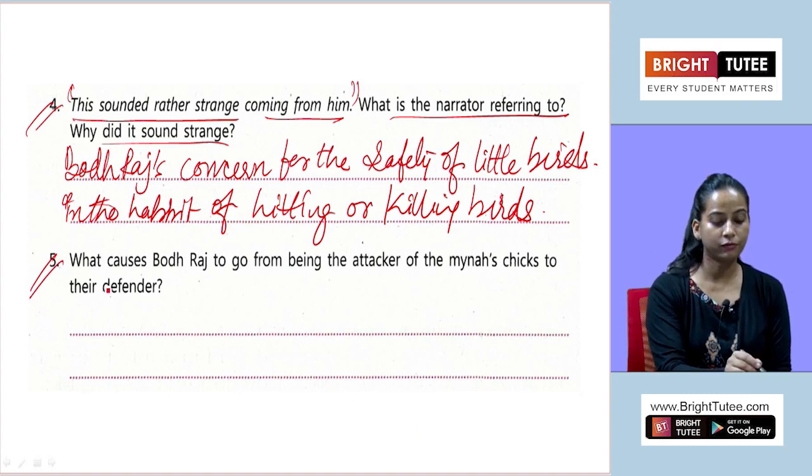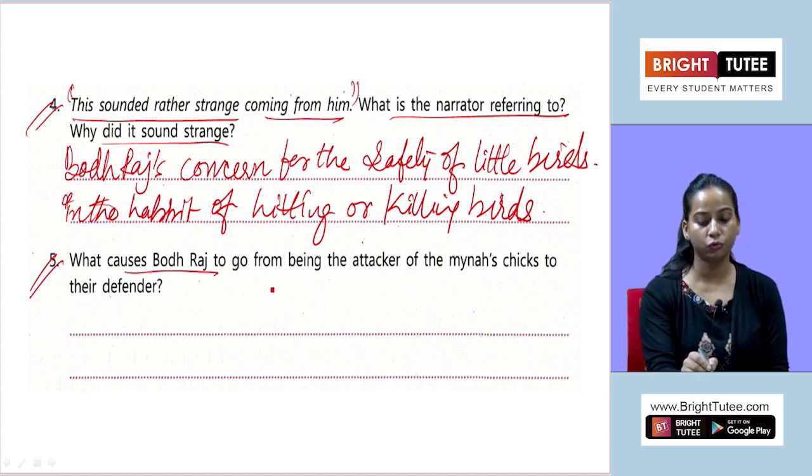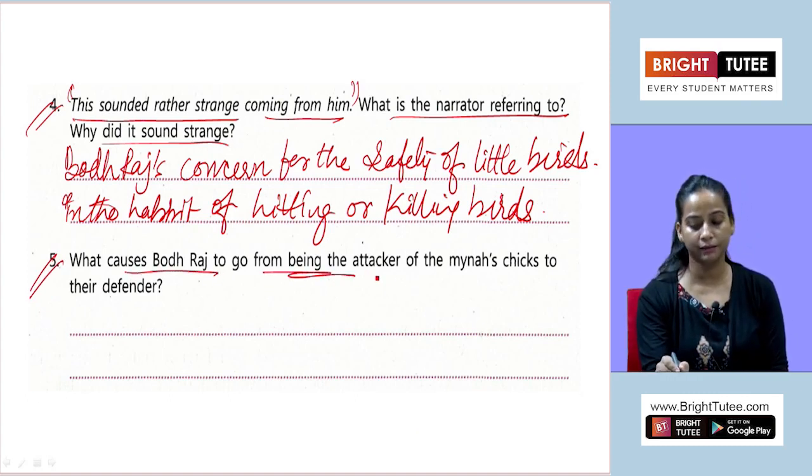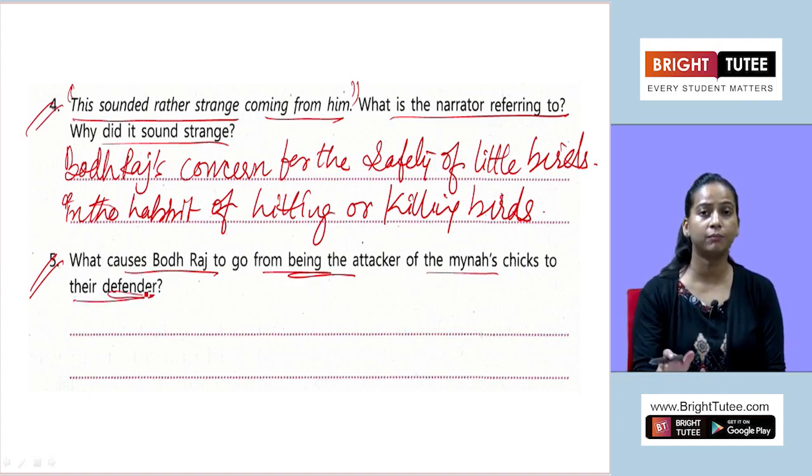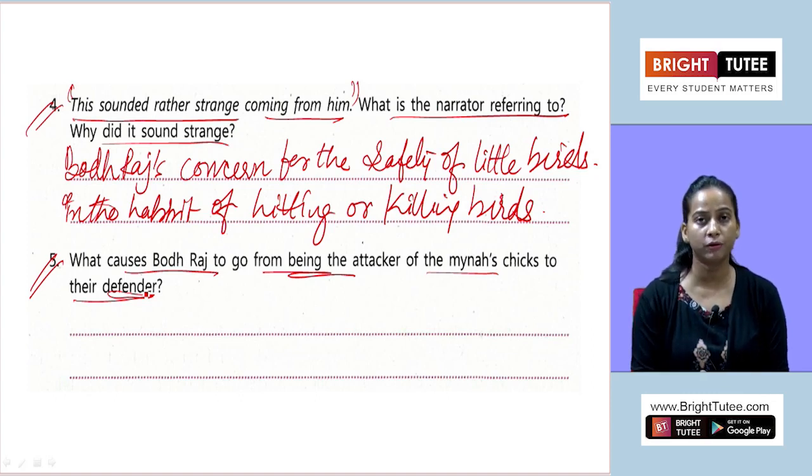Question number 5, they have asked, what causes Bodhraj to go from being the attacker of Maina's chicks to their defender? How did he become the savior instead of attacking them? Earlier he used to attack them. How did the sudden transformation take place in his character?